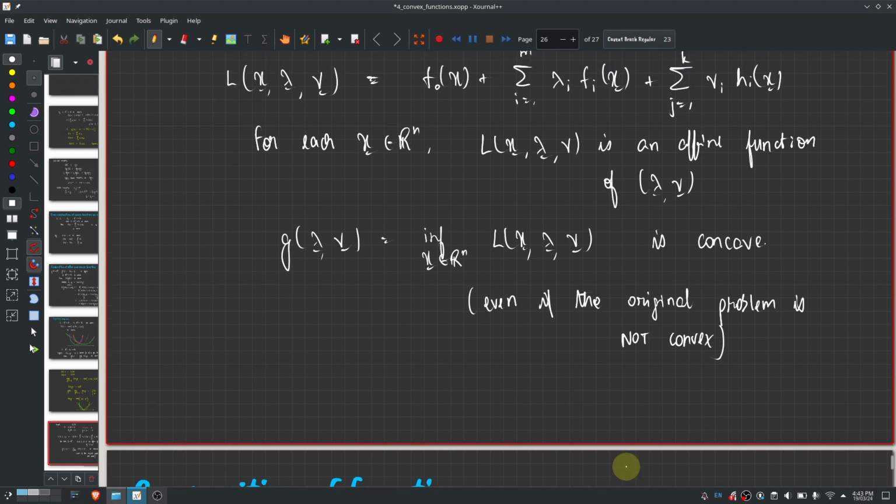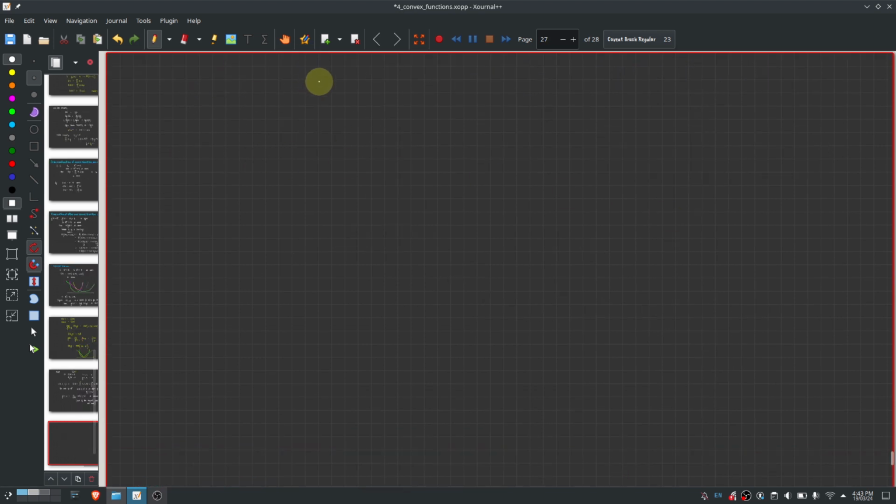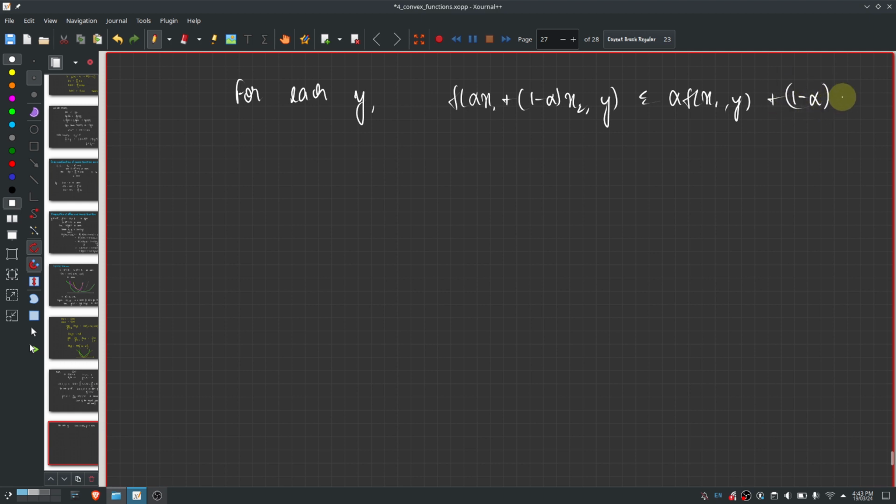So what I want is, for each y, f of alpha x1 plus 1 minus alpha x2 comma y is less than or equal to alpha f of x1, y plus 1 minus alpha f of x2, y for all alpha between 0 and 1 and all x1, x2 in the domain.